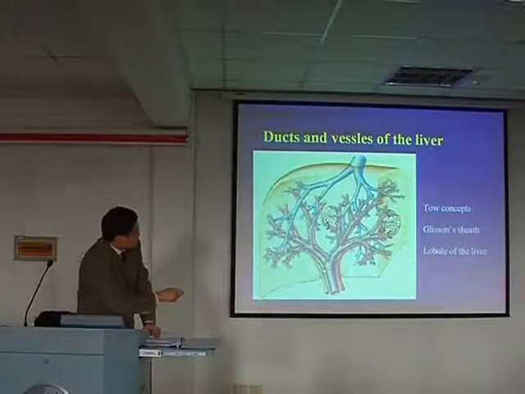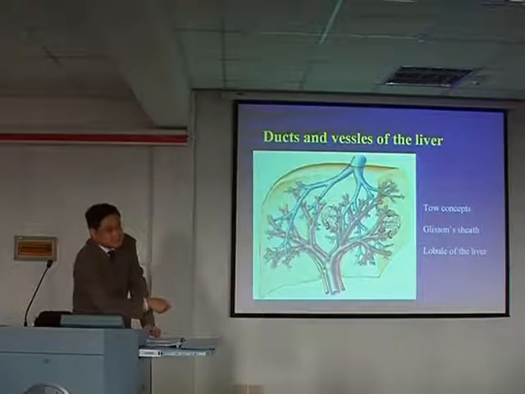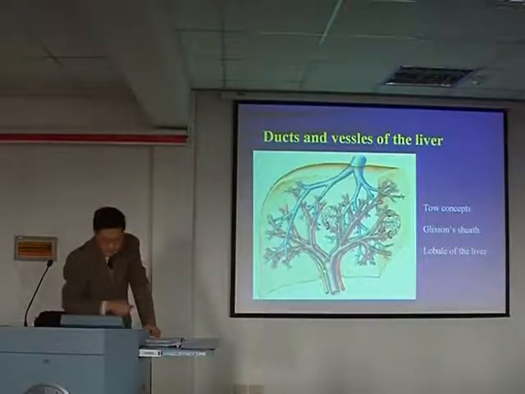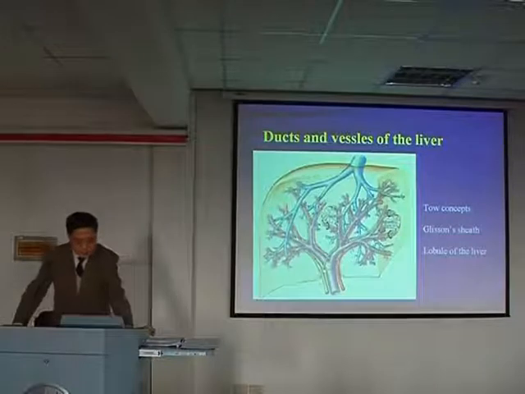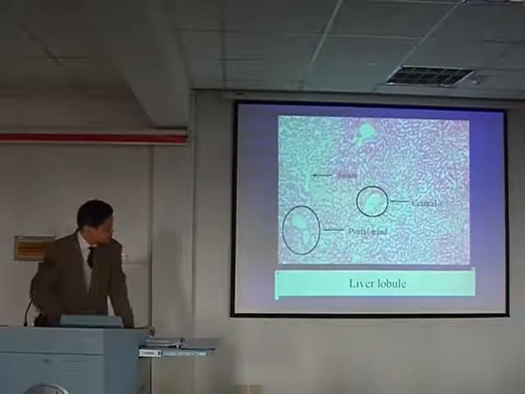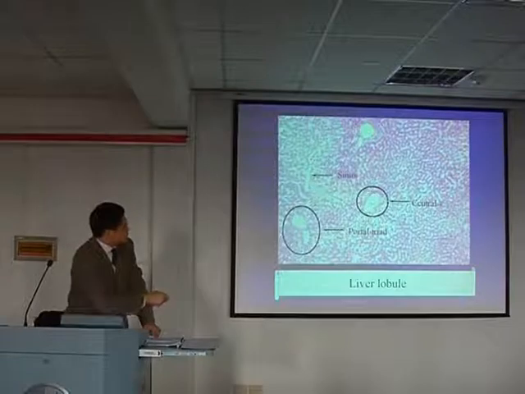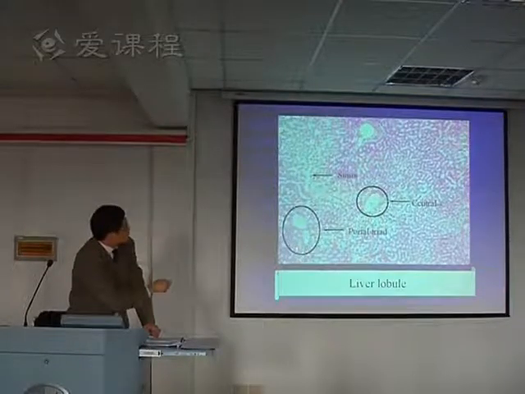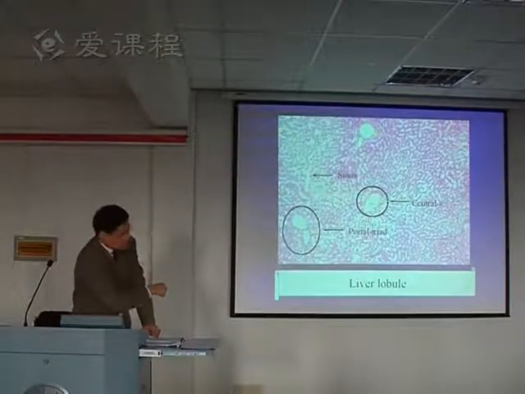The second concept, lobule of the liver. This shows the lobule of the liver. What is the lobule of the liver? This slice shows the liver lobule. In the liver lobule, we will see three important structures.